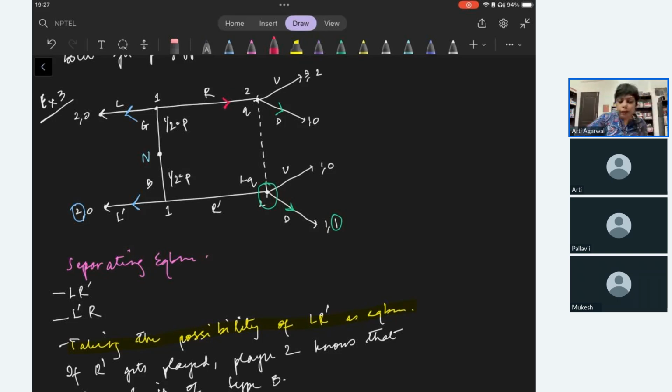So if you go back to the gift game, it is equivalent to saying only if it's a friend, they're going to give a gift. If it's an enemy, they're not going to give a gift. Similarly, here player 2 is saying that only if the type of player 1 is a good guy, he's going to play the strategy R. Otherwise, he is going to play the strategy L prime. So if R gets played, he knows with certainty that player 1 has type G. Therefore, Q becomes equal to 1.